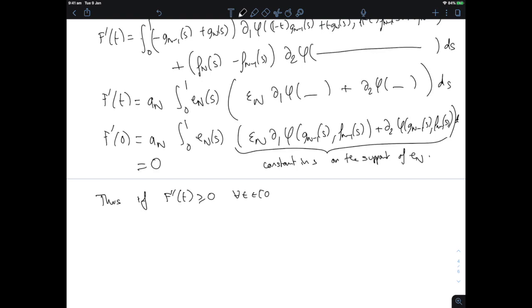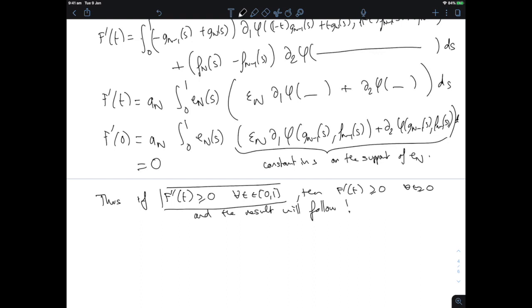Right, if this is true, then f prime of t will be non-negative, and the result will follow. Because f prime of t being non-negative will guarantee that b_{n-1} implies b_n, and then we'll be done by induction. So really what we need to show now is that f second of t is non-negative.